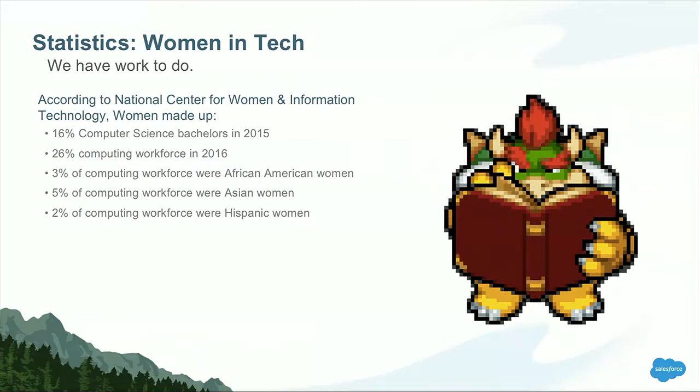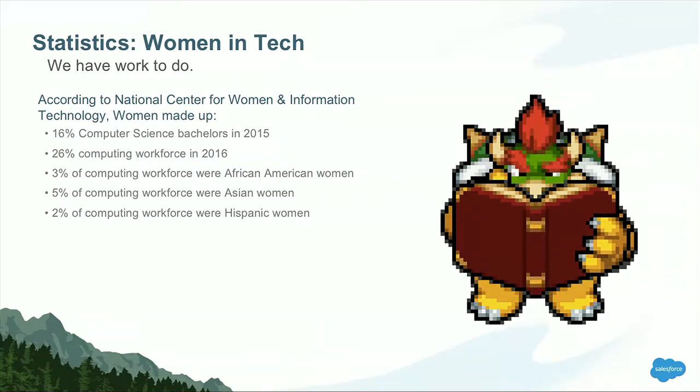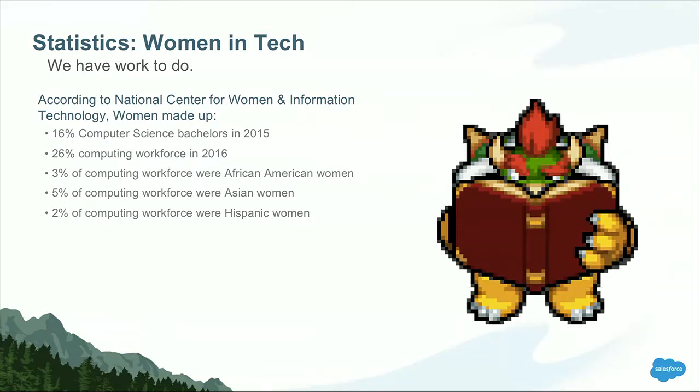According to the National Center for Women and Information Technology, women made up 16% of computer science bachelors in 2015, 26% of the computing workforce in 2016, and of that, 3% of the computing workforce were African American women, 5% were Asian women, and 2% were Hispanic women. Pretty low, right? Pretty low numbers.